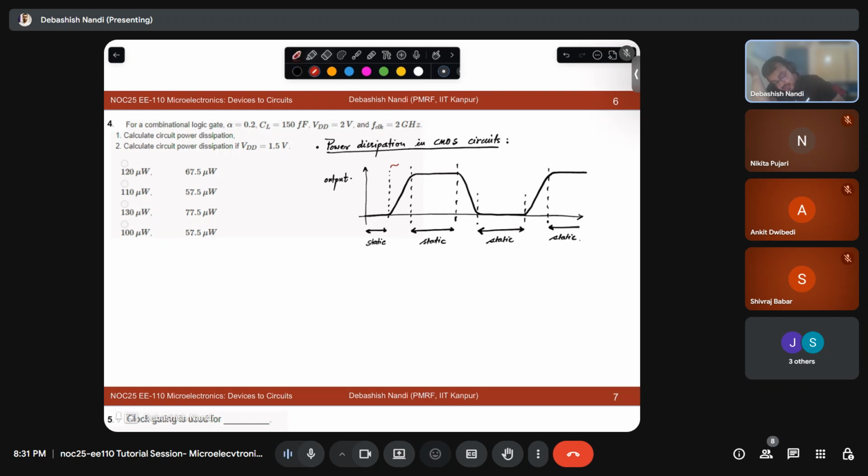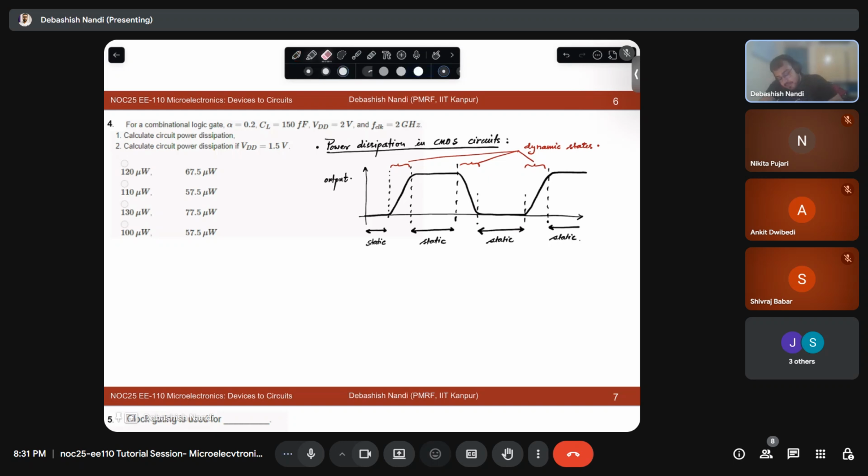And what about these? Not rise time, fall time. These states are called dynamic states, or dynamic times, during which your output is changing. The name itself conveys the message.